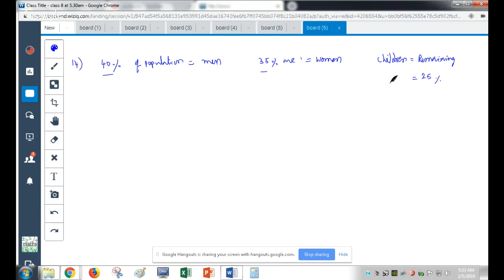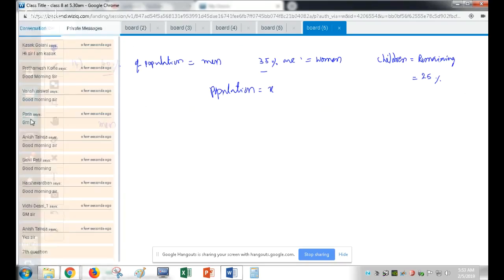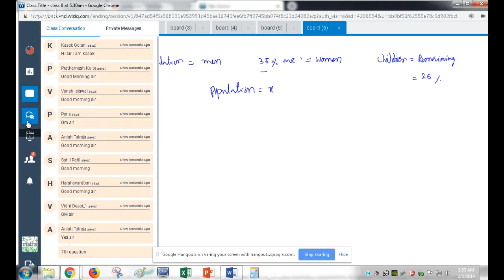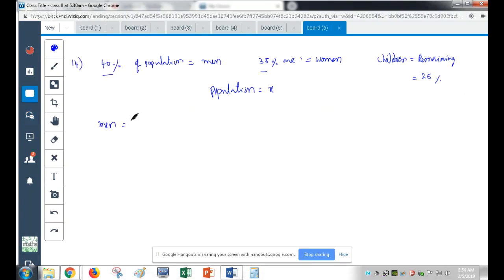But so then this 25% population we don't know. Let's say population is equal to X. Population is equal to X. Then how many men are there? 40%.